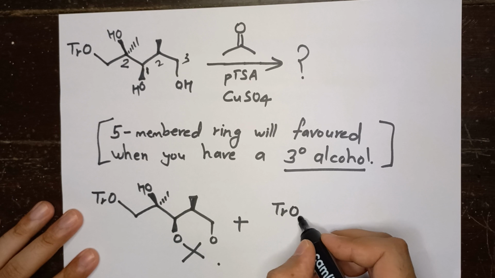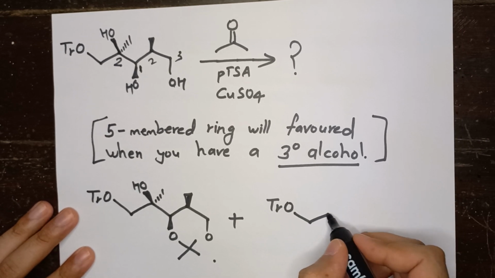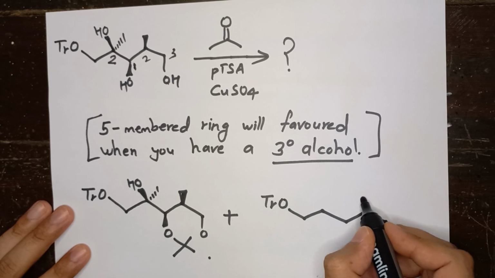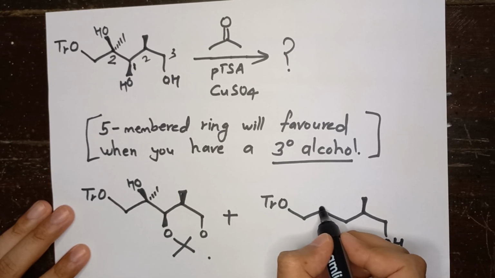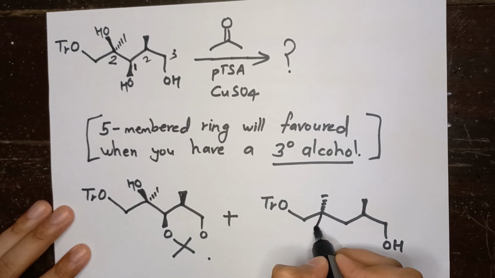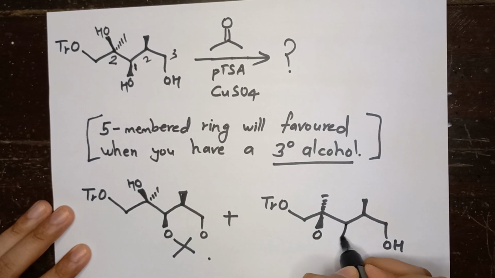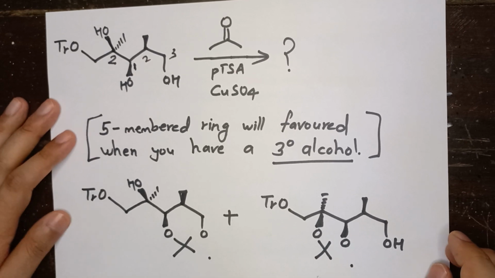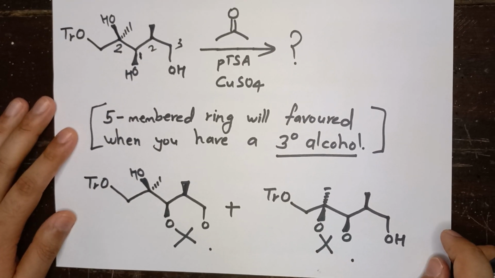OTr, and OH above the plane. So basically I am protecting these two OH: O above the plane, O above the plane, and protecting it. So which one is the major product?